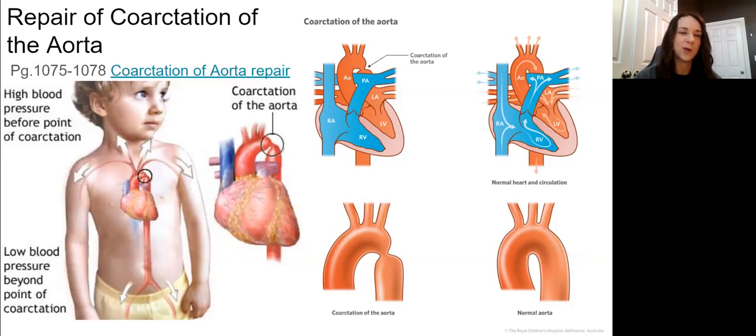So let's look at 1077 at your picture. So this is showing you the end-to-end anastomosis repair, the main part of the surgery that they're going to do. So you'll see they have to expose the coarctation first of all. They make their incision sites on either side of the vessel where it's healthy and it's not stenosed and narrowed.